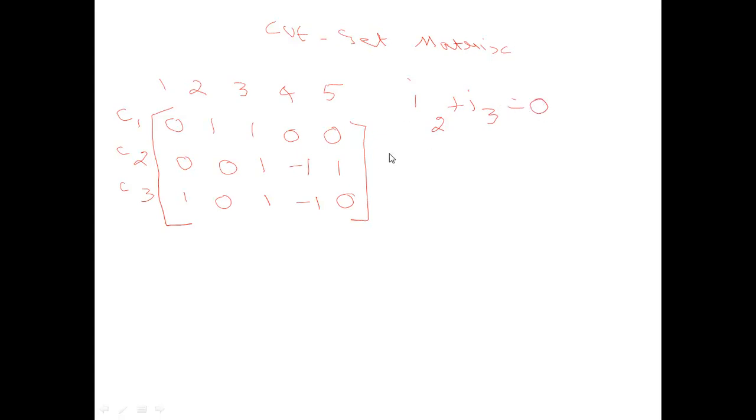Just take the row. If you take the second row, you will be having I3 minus I4 plus I5 is equal to 0. Similarly, take your third row. You will be having I1 plus I3 minus I4 is equal to 0. So I have obtained these current equations.